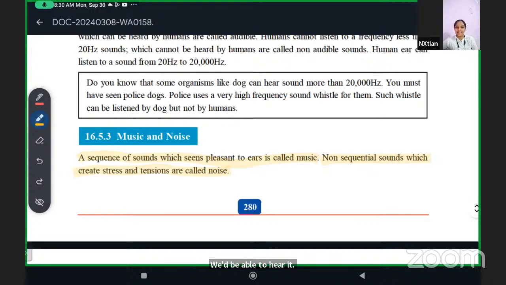We can hear it sometimes when they are loud, but not always. Or we could hear water droplets somewhere far in the distance when water is dripping, the very minute sound of a water drop falling to the ground. We'd be able to hear it.